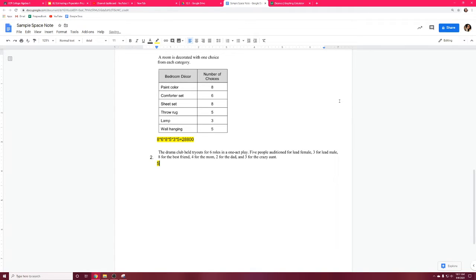Let's make the list: lead female, 3 of them for lead male, 8 of them for best friend, 4 of them for mom, 2 of them for dad, and 3 of them for crazy aunt.